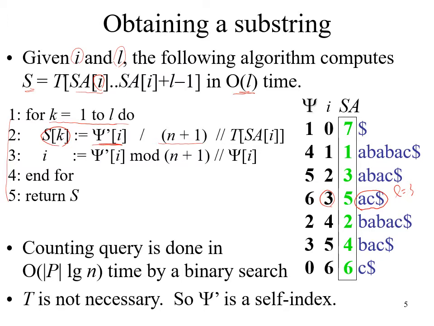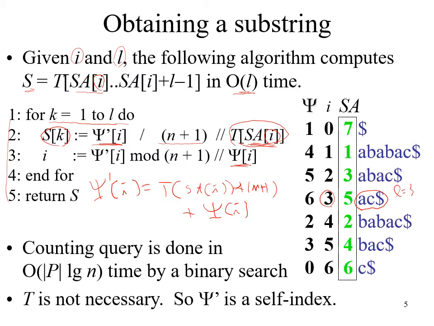Psi prime is computed from the psi function, and the definition is that psi prime I is T of SAI times n plus 1 plus psi I. So from psi prime, we can obtain the first character of the suffix at position SAI, or with lexicographic order I.